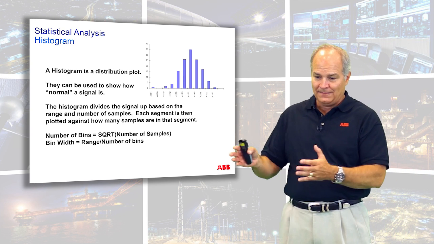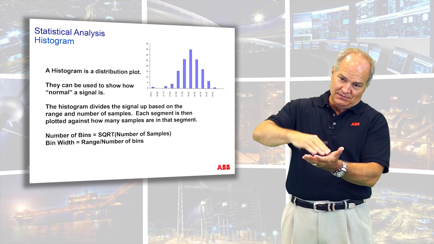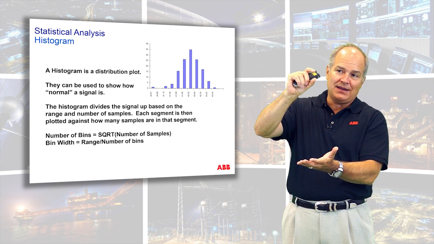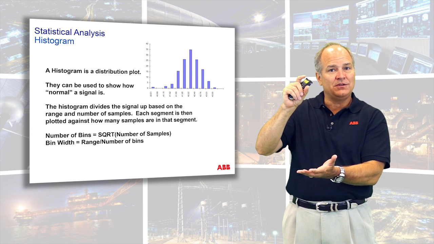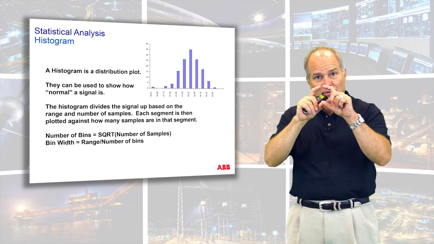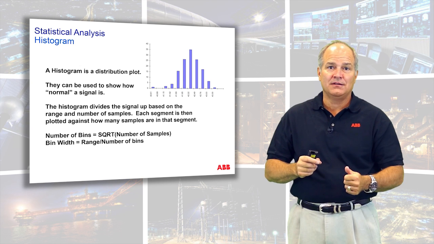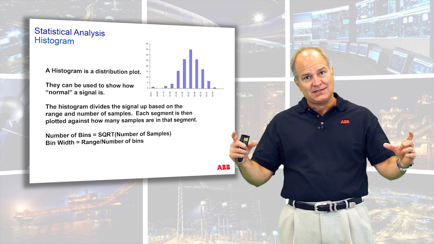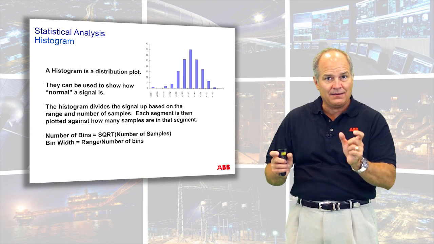We have this data, and what we do is we take the range and say, okay, the data operates in this space, and then we break that into bins. Every time the data goes into one of those bins, we count it. So the histogram is a count of how many pieces of data are in that bin.